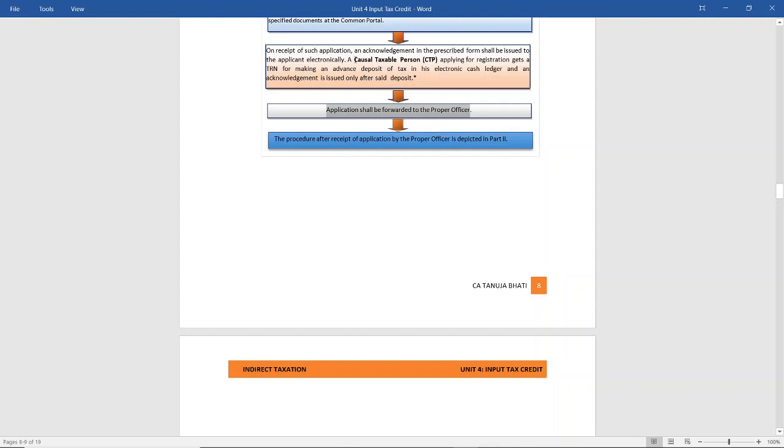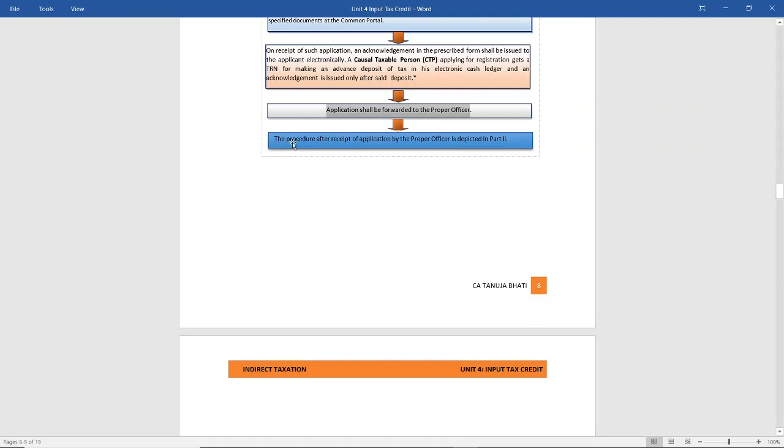On receipt, first of all, the application acknowledgement in the prescribed form shall be issued to the applicant electronically. Then the application will be forwarded to the proper officer, who is a GST officer who will then verify the application.